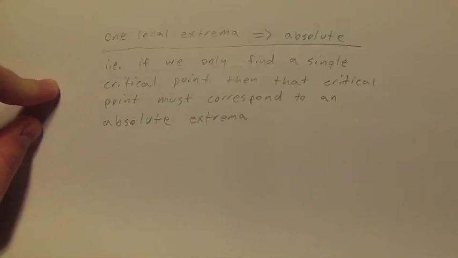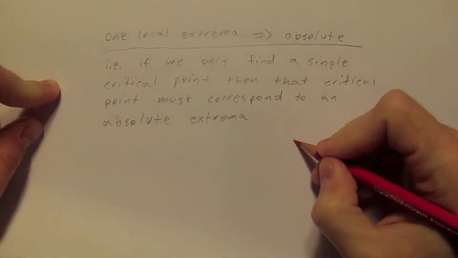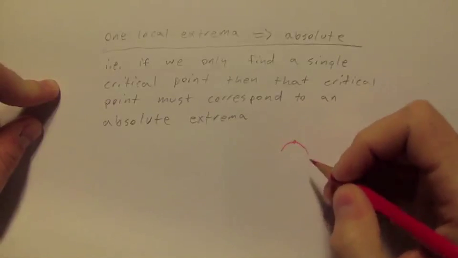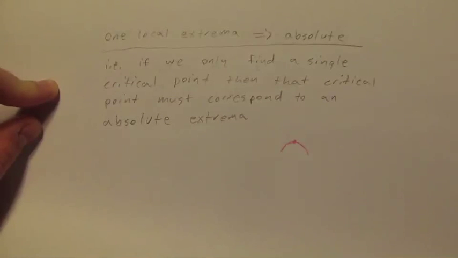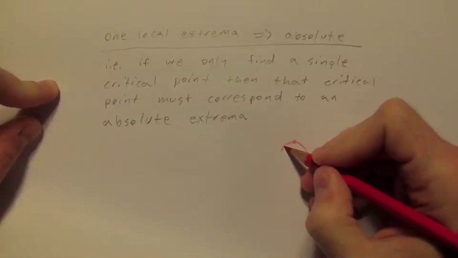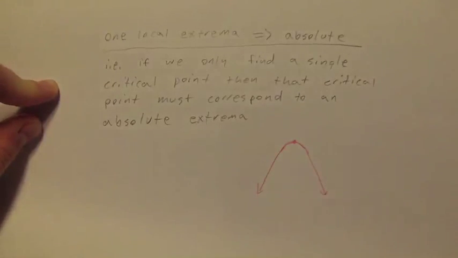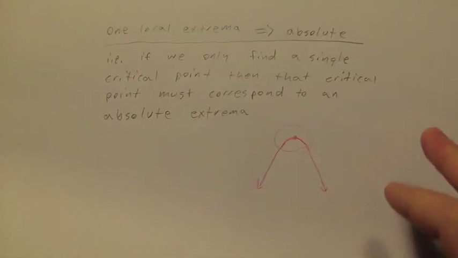And if you think about why that might be true, say I find a single local max, and that's the only critical point I found, that's the only local extrema I found, well, that means the function's not allowed to turn around again, meaning it must be the absolute max. All right, well, that's where that basic idea comes from.